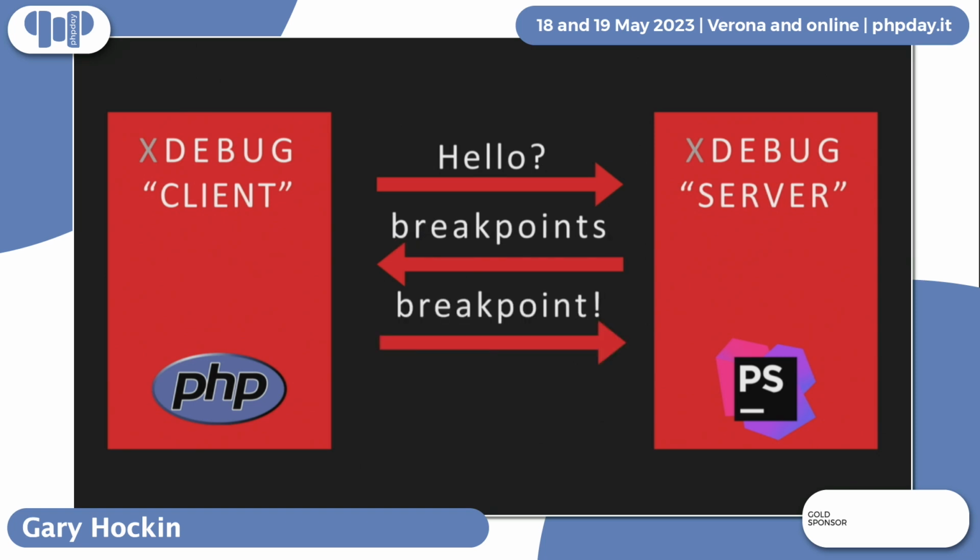And the client, PHP, will hit one of those breakpoint conditions and send a ton of data to the server saying, this is what's happening, I've hit this breakpoint. Then it'll just sit there indefinitely waiting for instructions from the server, like step into, for example. We'll cover what all this stuff is right now.